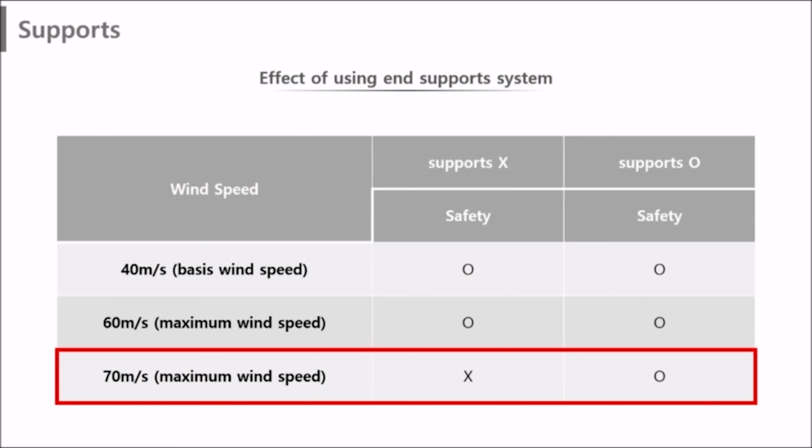The existing structure is designed to withstand strong winds of 40 meters per sec and a maximum instantaneous wind speed of 60 meters per sec, but it is designed to effectively withstand the cantilever roof even with a maximum instantaneous wind speed of 70 meters per sec.